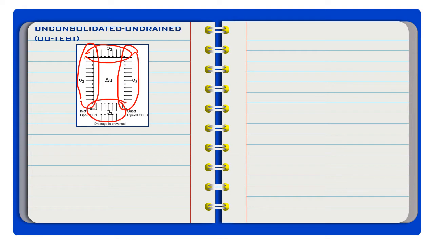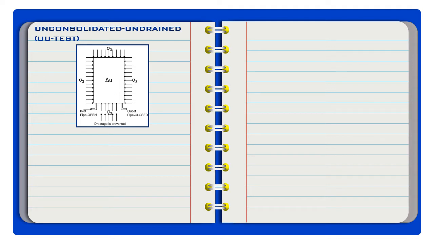Pero since unconsolidated yan, ang mangyayari is yung outlet pipe natin is nakasara. So the drainage is prevented, ibig sabihin, walang lumalabas na tubig dun sa soil natin. So, that means there is a change in the pore water pressure.